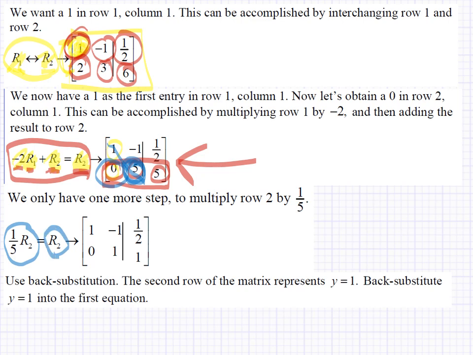If I divide this by 5, I get 1 here. And if I divide this by 5, that'll make this 1 as well, thus giving me this new augmented matrix. Notice this new augmented matrix is now in row echelon form. But simply look at what the last row represents.